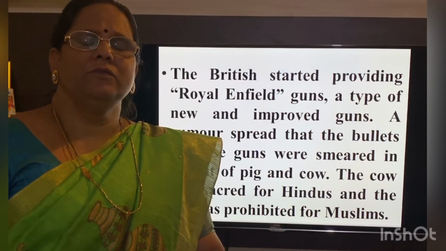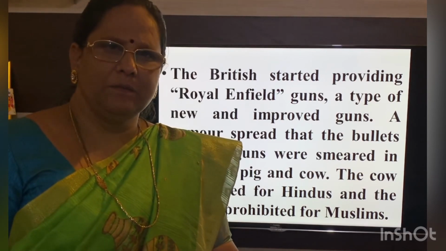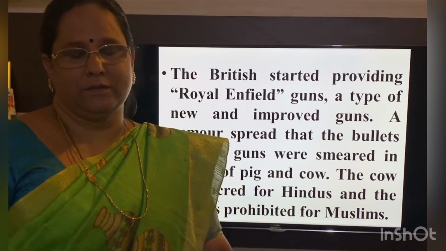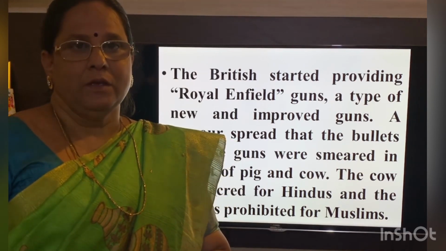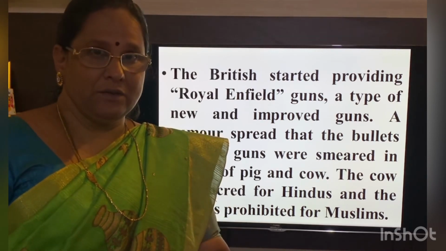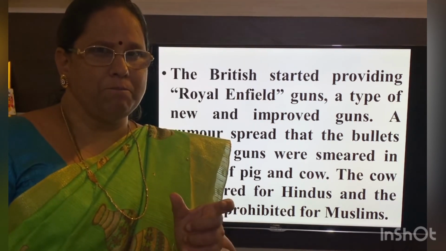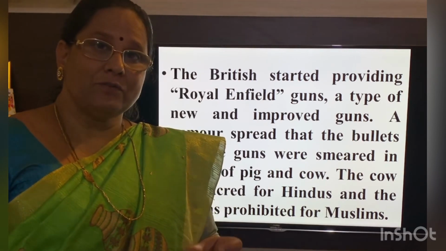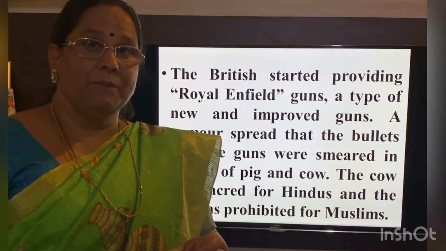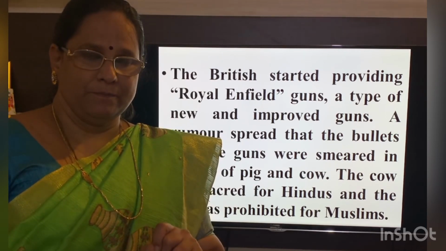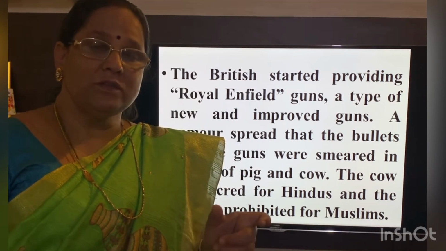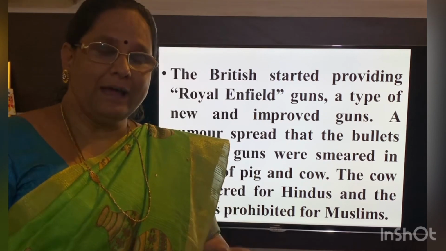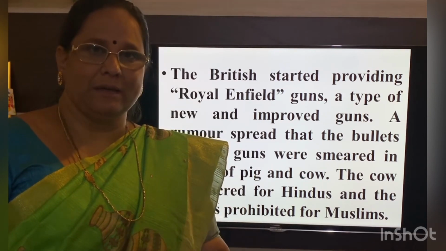The main reason for the first war of Indian independence was the immediate causes. You remember, in immediate causes, I used one important word, and that was Royal Enfield. In Royal Enfield, a bullet was used, and that bullet was smeared with fats of cow and pig.